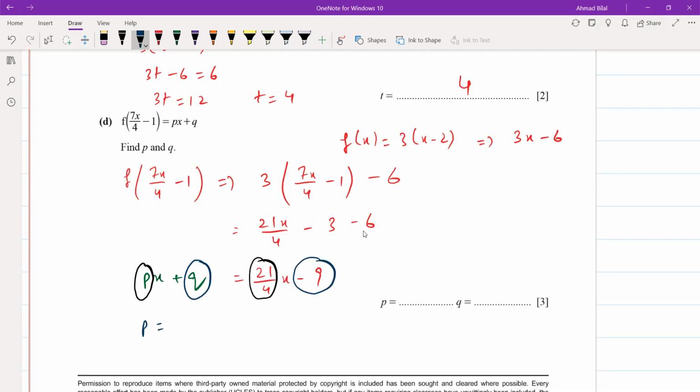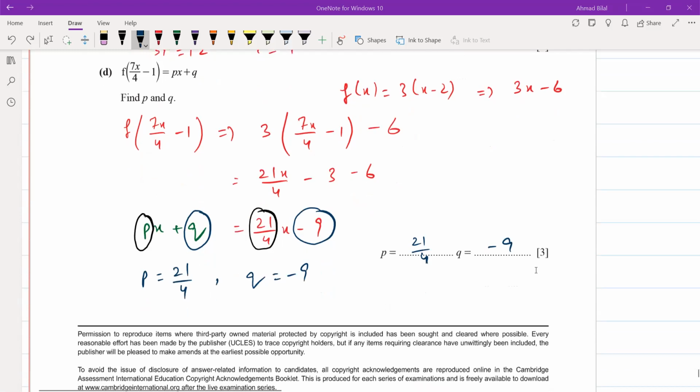So p की वैल्यू यहां से उसको कंपेयर कर लें दोनों साइड्स को, तो p turns out to be 21 over 4 and q turns out to be equal to minus 9. ठीक है, क्योंकि दोनों आइडेंटिकल हैं. जो उसने आपको कहा था कि ये है आपका ये आ रहा है, that means they are both supposed to be equal. जो x का कोएफिशिएंट है वो भी इक्वल होना चाहिए और जो कांस्टेंट है वो भी इक्वल होना चाहिए. So that's where you get the values of p and q from.